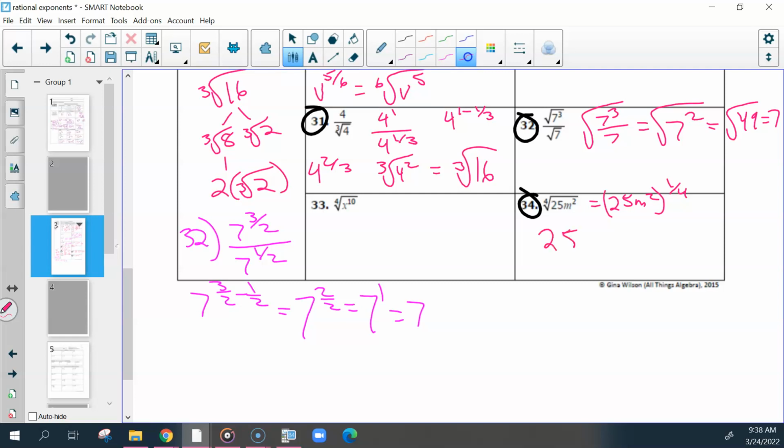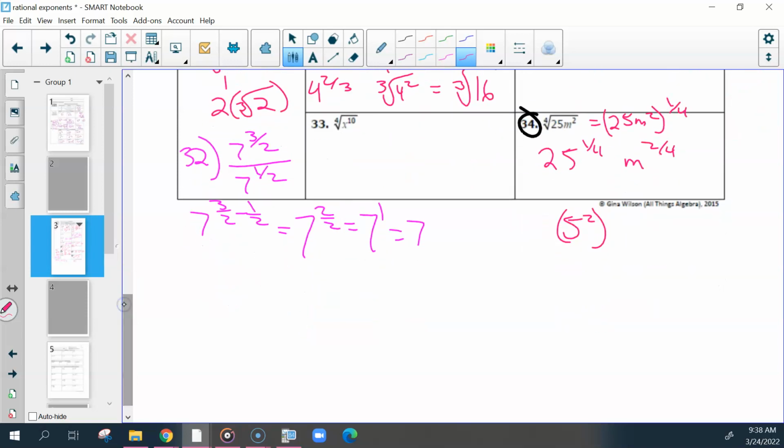We have 25 to the 1/4 and m to the 2 over 4. Now, you can simplify 2 over 4. I'm going to do something with the 25. Because what do we know is also 25? What's 25? Right. 5 squared.